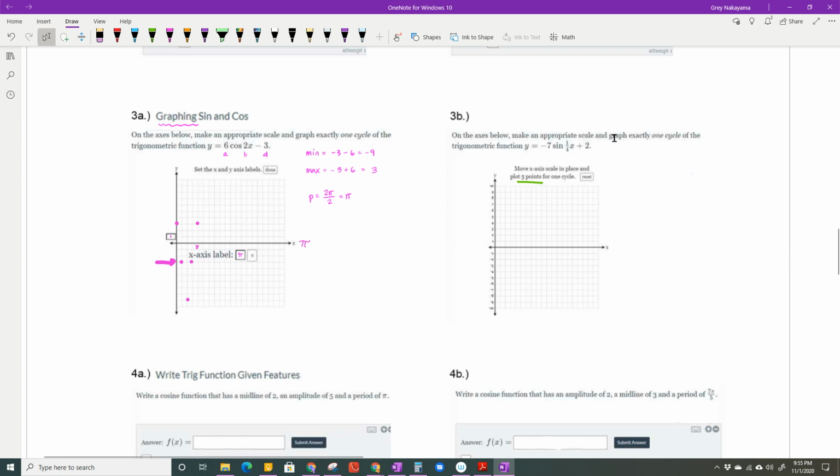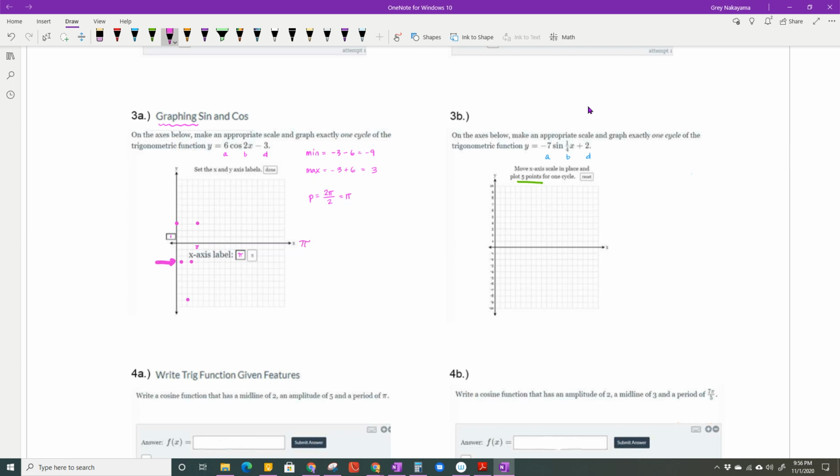Okay, let's look at this one. Y equals -7 times the sine of 1/4 x plus 2. So A is -7. The amplitude is 7, but your A value is -7. Okay, B is 1/4 and D is 2.